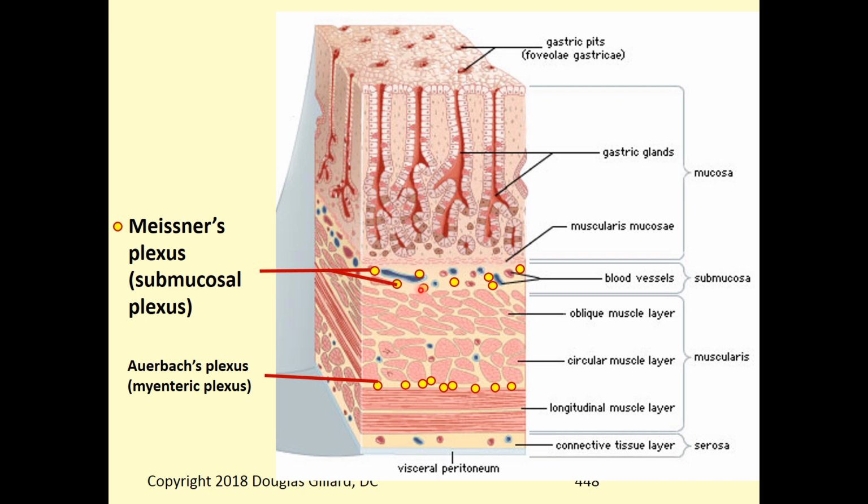This is Meissner's plexus, and that's where the vagal nerve fiber, the efferent nerve fiber, releases acetylcholine and GRP, from these guys right here. I didn't show the wires, but I could have drawn wires connecting all the way up to the medulla, but I didn't. Everybody get that?